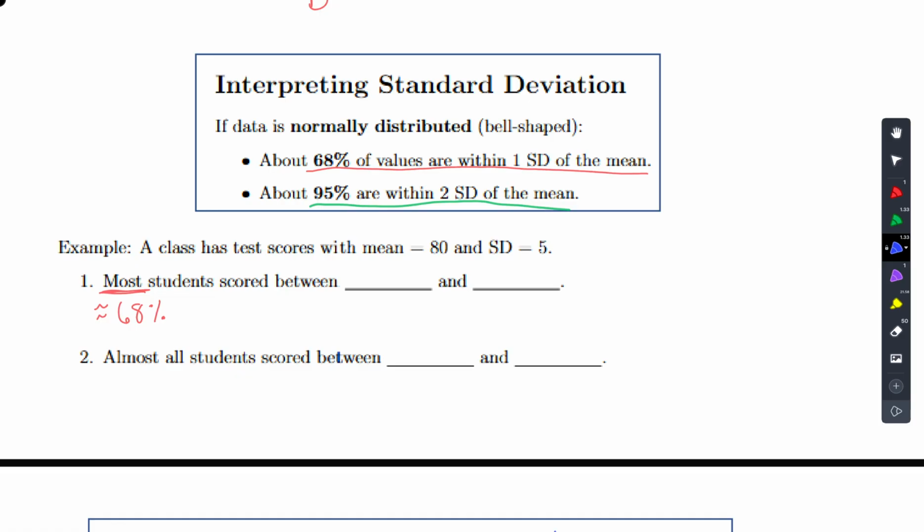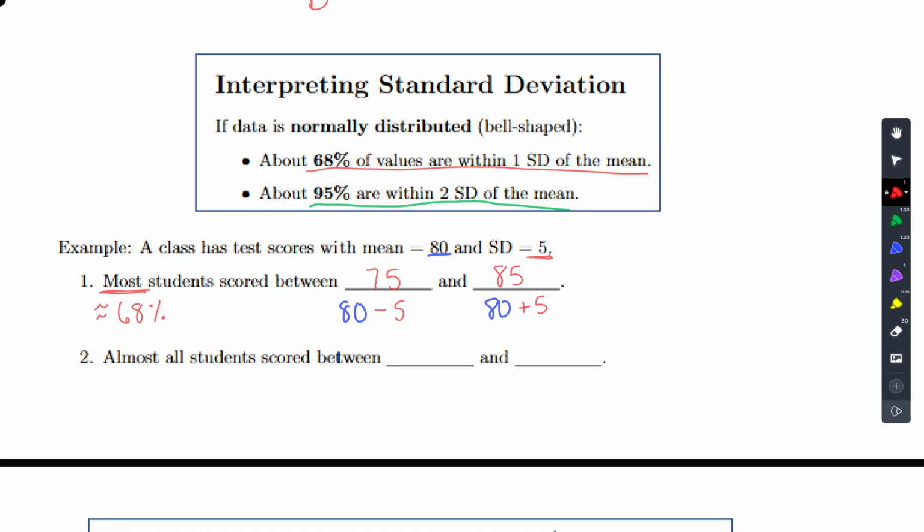You take the mean, 80, and if it's 68%, that means it's one standard deviation from the mean. So all you do is subtract 5 and add 5. So most students, 68% of students, score between a 75 and an 85, if you know the mean, okay?